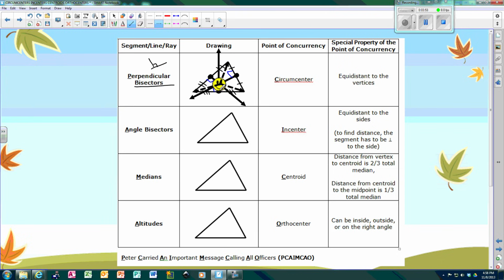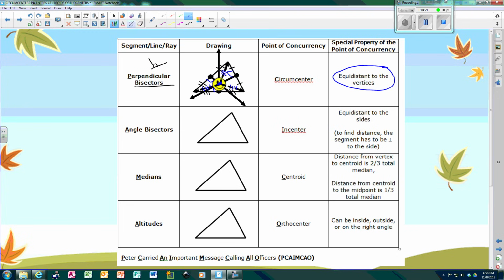Those 3 lines that I just drew are all the same length. So there is a whole lot of stuff that is congruent here because we've got all these pieces that are congruent, and now these little lines right here are all congruent. Okay, so all those arrows are congruent. So we need to remember they are equidistant, which means same distance, from the vertices. So from here to each corner, and we will get more into that later.